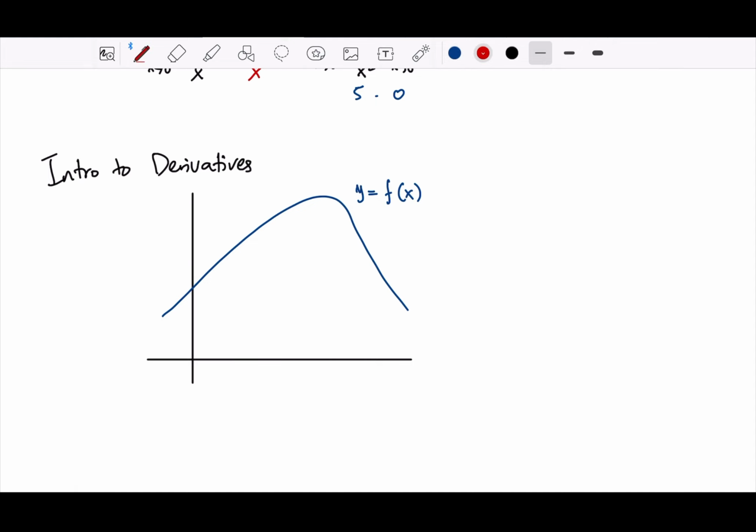And if we take 2 points, let's say this and maybe here, let's say this is A, and the second one, let me just use x as variable.